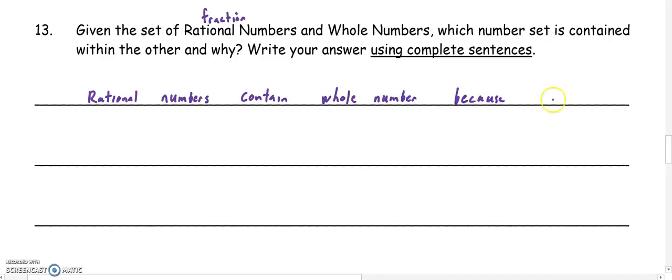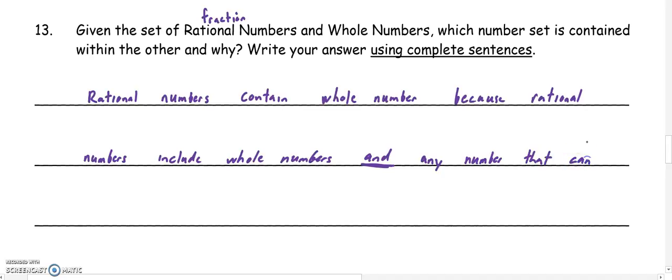Because rational numbers include whole numbers, and this "and" is important because we need to say what else do they include? Why are they the bigger group? So we're going to say and any number that can be expressed as a fraction.